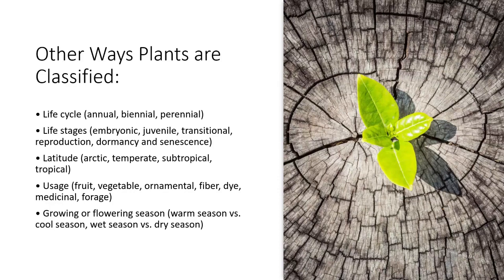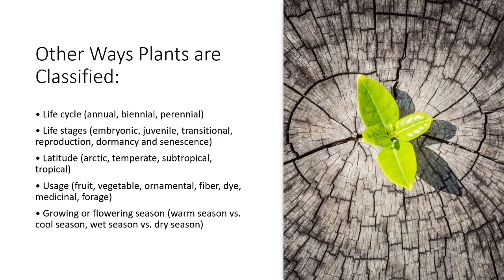We can also classify by life stage, whether they're embryonic, juvenile, transitional, in their reproductive stage, dormancy stage, or maybe even senescence, maybe they died. We can also classify plants based on their hardiness zone or their latitude, so where they are typically found.